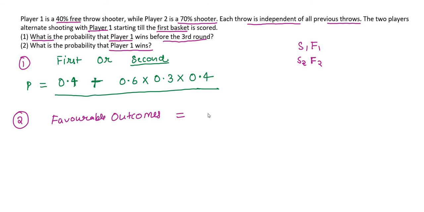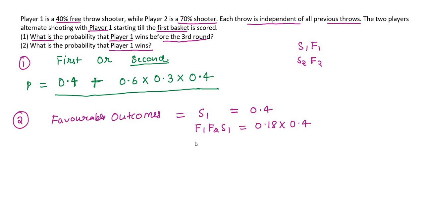So the favorable outcome is F1, then F2, and then S1. This comes out to be, let's say, 0.4. And this comes out to be, both failed, so 0.18 into 0.4.